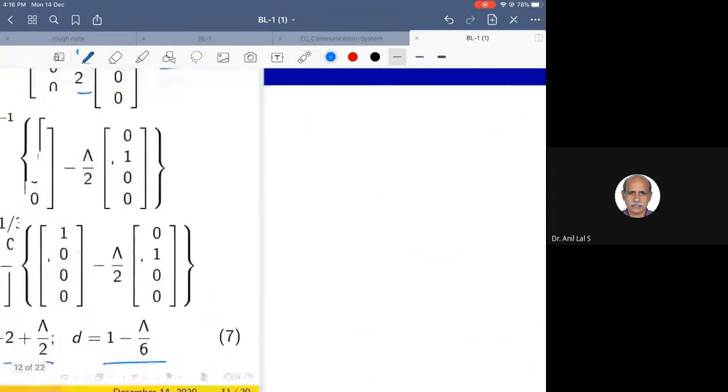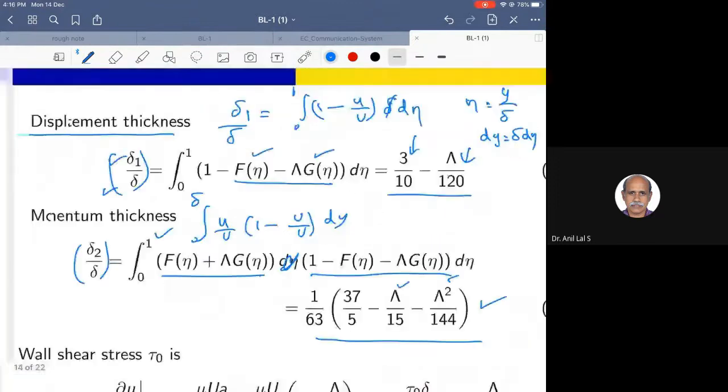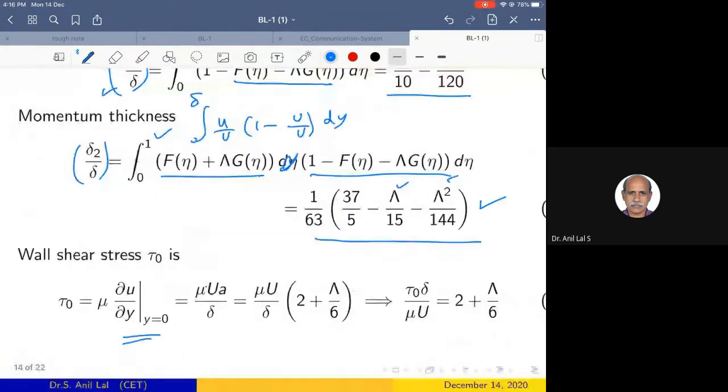So that U a by delta is substituted, mu U by delta, and a is the coefficient, the unknown coefficient, determined as 2 plus lambda by 6. So that way you get tau 0 delta by mu U is equal to 2 plus lambda by 6. This is dimensionless. This is a dimensionless wall shear stress.